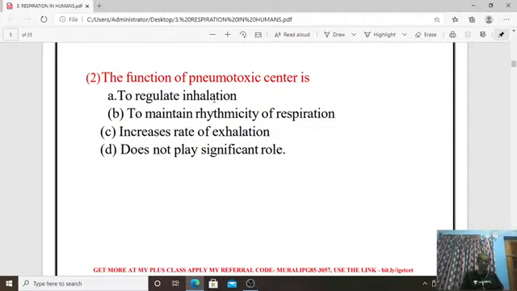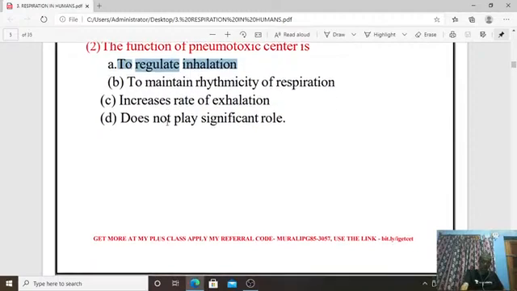To regulate the inhalation, to maintain the rhythmicity of respiration, increases the rate of exhalation, does not play significant role. So the function of pneumotaxic center is to regulate the inhalation. That is the answer for the second question.